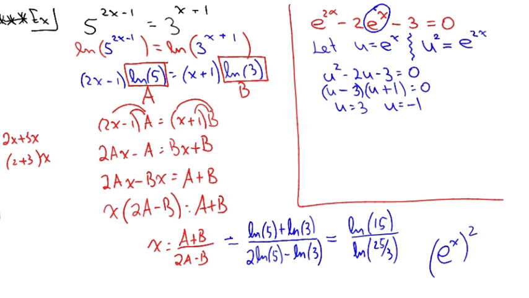Are both of them our answers? No. Are either of them our answers? Maybe. Because I solved for u, what I'm looking for is x. So what I have to do is go back to my substitution line, which is this one here, and say, well, if u is equal to e to the x, then this u really represents e to the x is equal to 3, and this other u is e to the x is equal to negative 1.